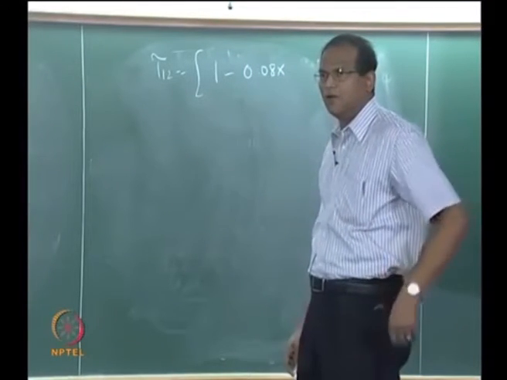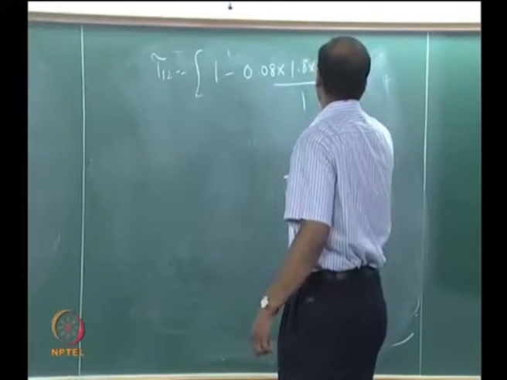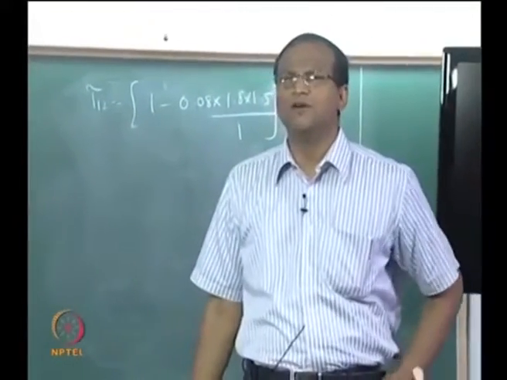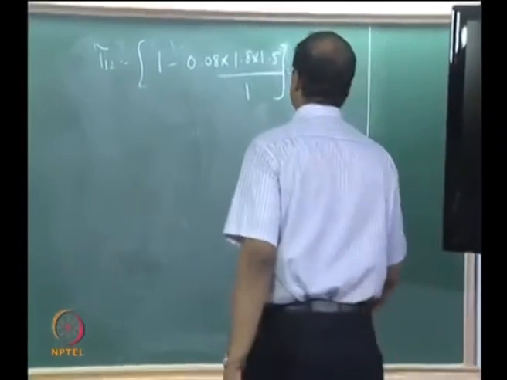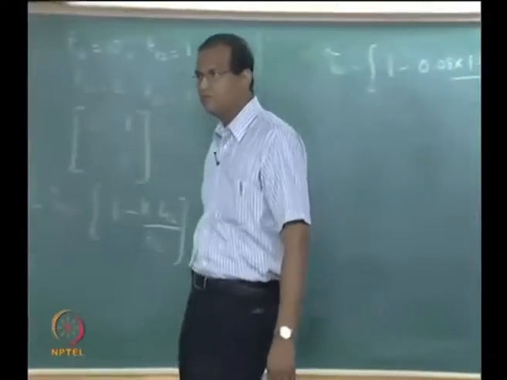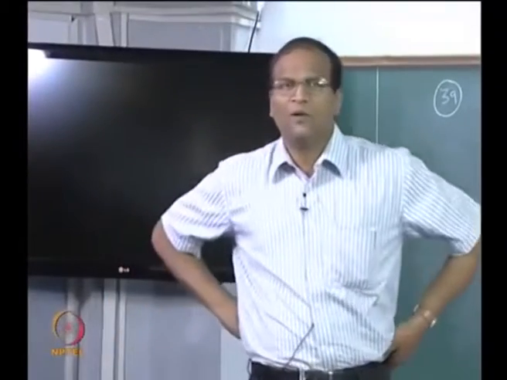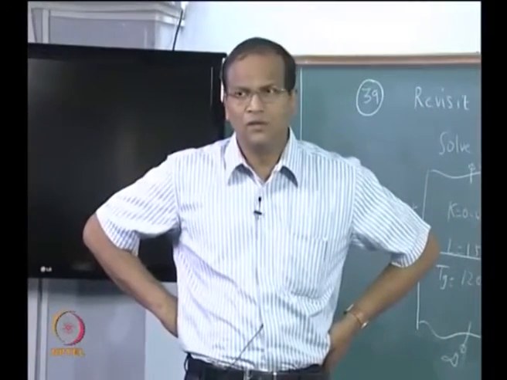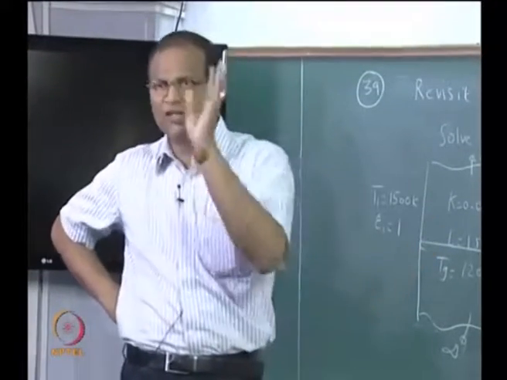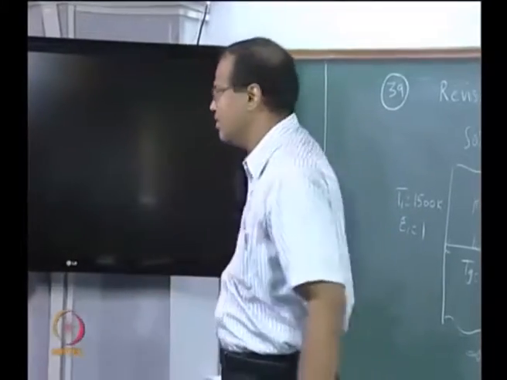What is L12 now? 1.8 into 0.784. What does it physically represent? 0.784 means the gas is allowing 80% of the radiation to go through, only 20% it is absorbing, correct. What is epsilon g?